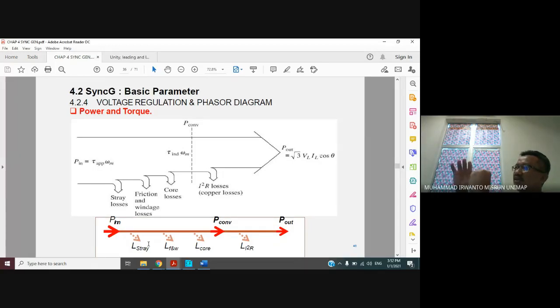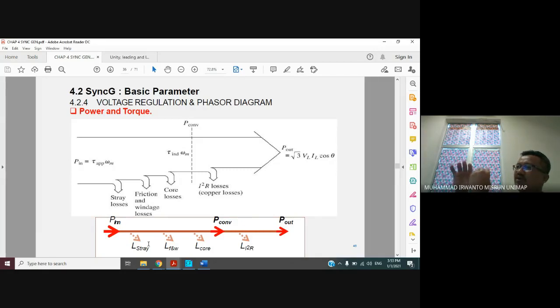Mechanical is the rotor. The rotor moving needs a torque, needs energy. Before energy we have the power. And here the power given to the rotor we can call the input power.